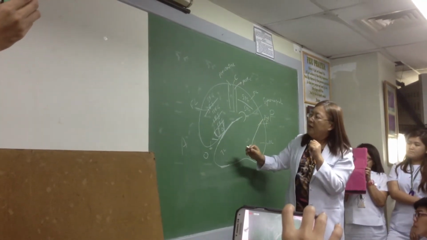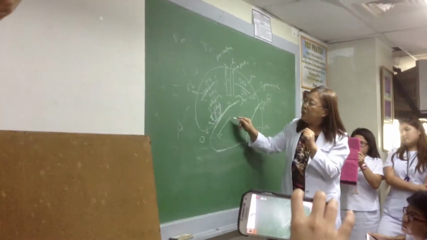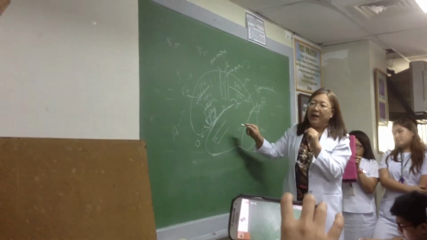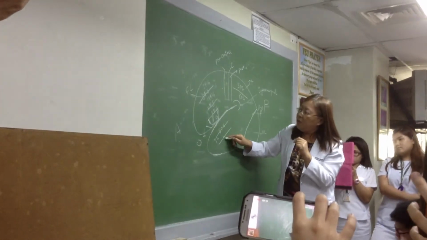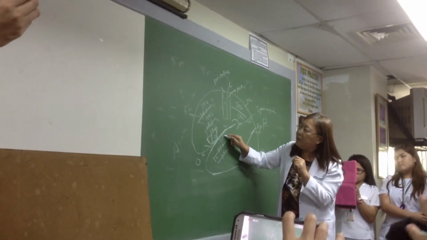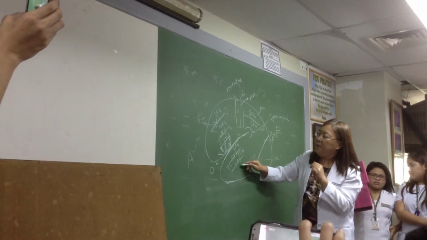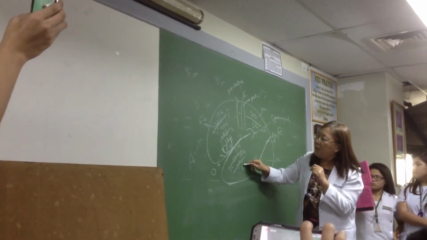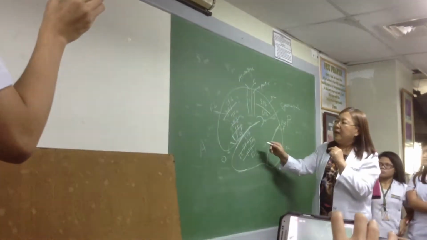Dito muna tayo. Sa temporal lobe, you only have 2 sulci. Dalawa lang. So, superior temporal sulcus, inferior temporal sulcus. Meron tayong superior temporal gyrus, middle temporal gyrus, and you have your inferior temporal gyrus. Ngayon, sundan natin to.